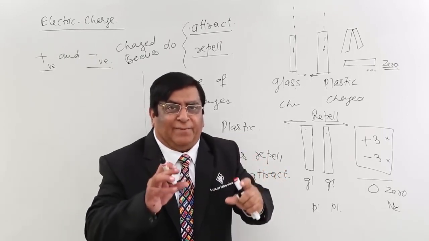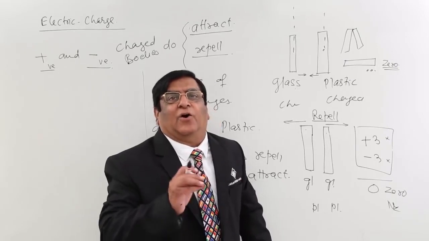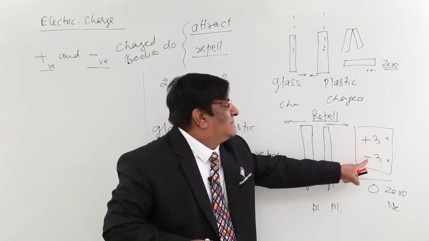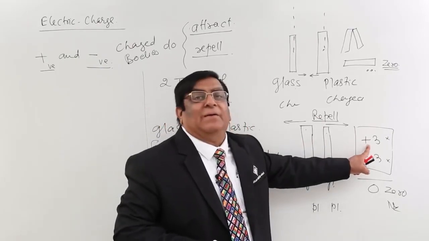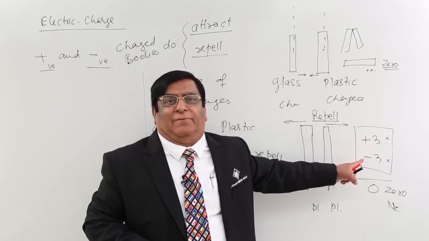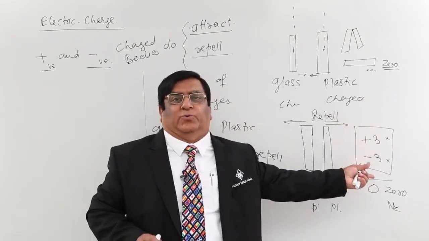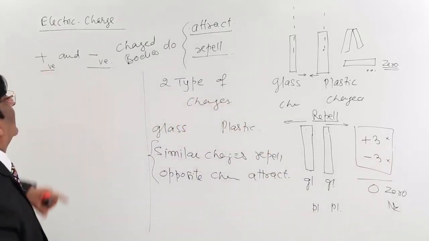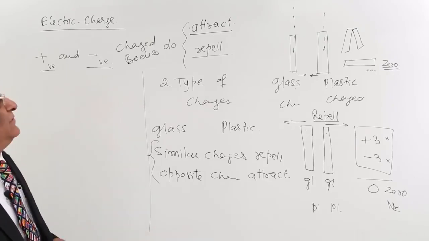Should we give them names like chemical names of materials, or should we give them mathematical names like positive numbers and negative numbers? The more appropriate method is to give them mathematical signs, plus and minus, because when we add them they follow mathematical rules. That is why their names were given as positive and negative. So we will write why the two names were given to them.